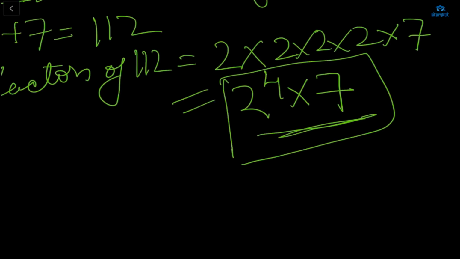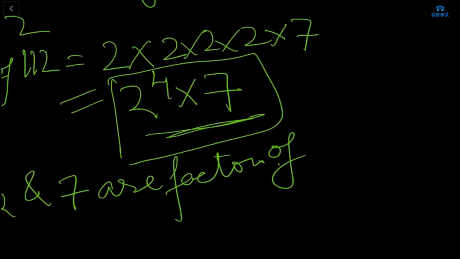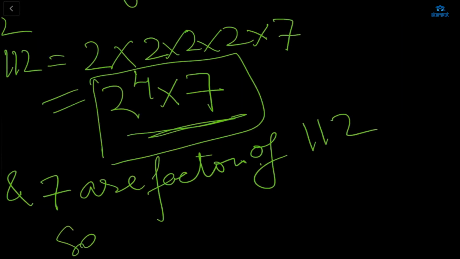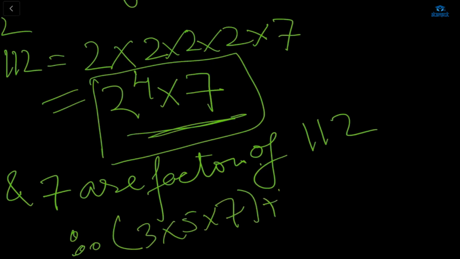Okay, 2 and 7 are its factors. And since 2 and 7 are factors of 112, it cannot be a prime number, hence it is a composite number. Therefore 3 into 5 into 7 plus 7 is a composite number.